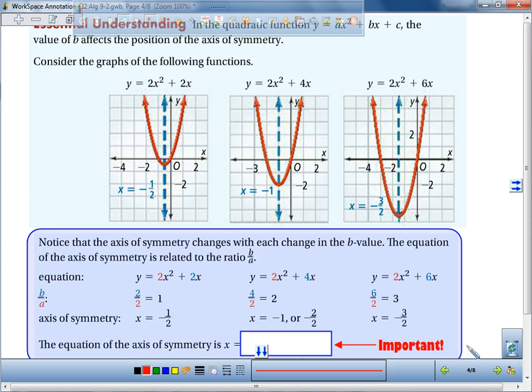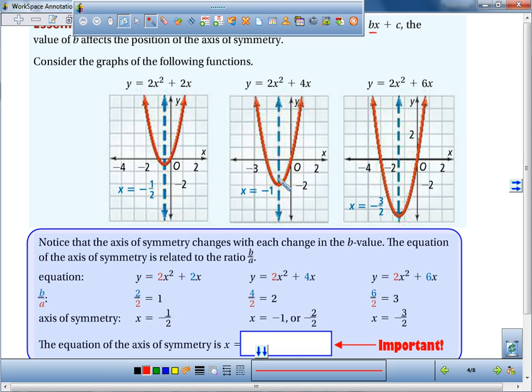So what we're first going to talk about is finding the vertex. If I want to find the vertex of our quadratic graph, of our parabola, notice if I have 2x squared plus 2x, adding a b into the equation moves where the vertex is going to be, but it's not really easy to tell.